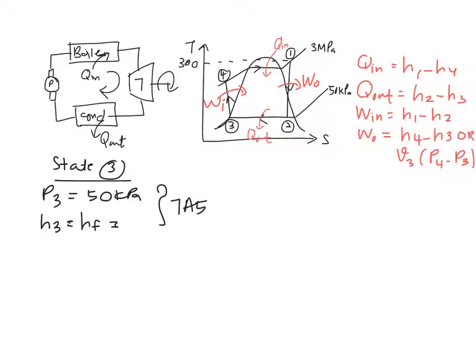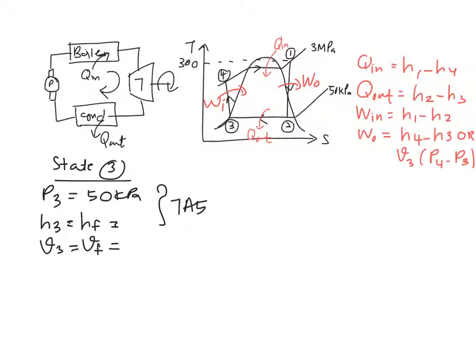There's another value that you need, which is your V3, the specific volume at 3, which is equal to VF also. You are going to read it from table A5. For the work of your pump, you can either use the enthalpy values or make use of this one.